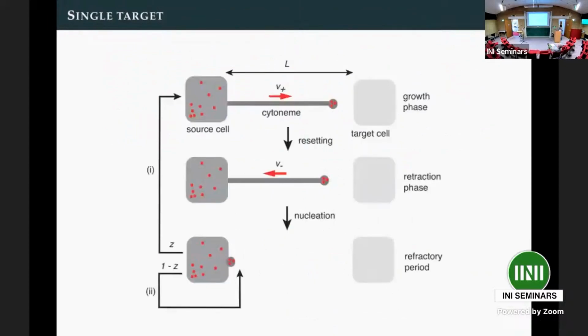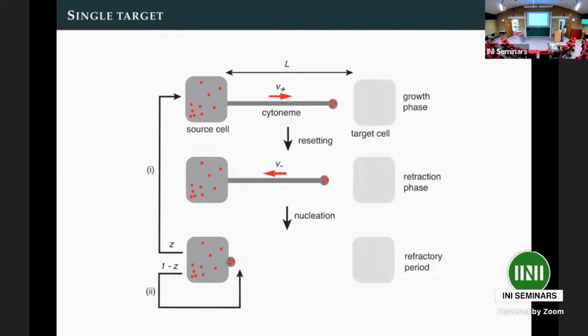So that's what I did. Let's just simplify things. Let's imagine there's a single target cell, and of course one can look at multiple target cells and splitting probabilities and so forth, where we have a cytoneme, and that with a certain probability, when it nucleates and starts growing at some speed v plus, it's in the right direction, and it will eventually, if it doesn't reset, find the target.